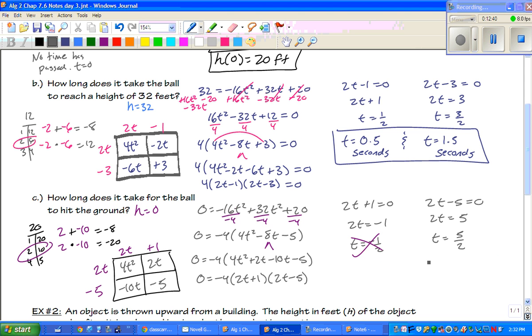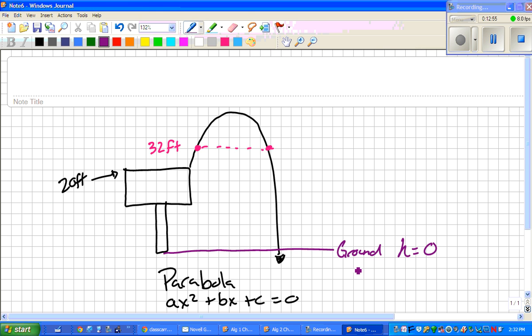Olympians would love to do that to get a faster time, but that's not going to happen. Now, 5 divided by 2 is 2.5, and the key thing is seconds. So what we're saying is, from this point right here to that ball hitting the ground takes 2.5 seconds.